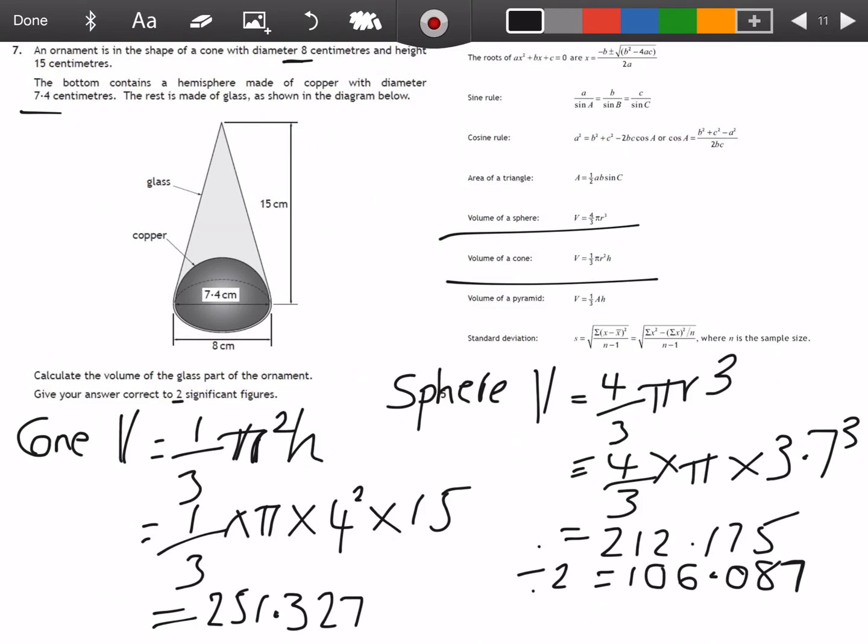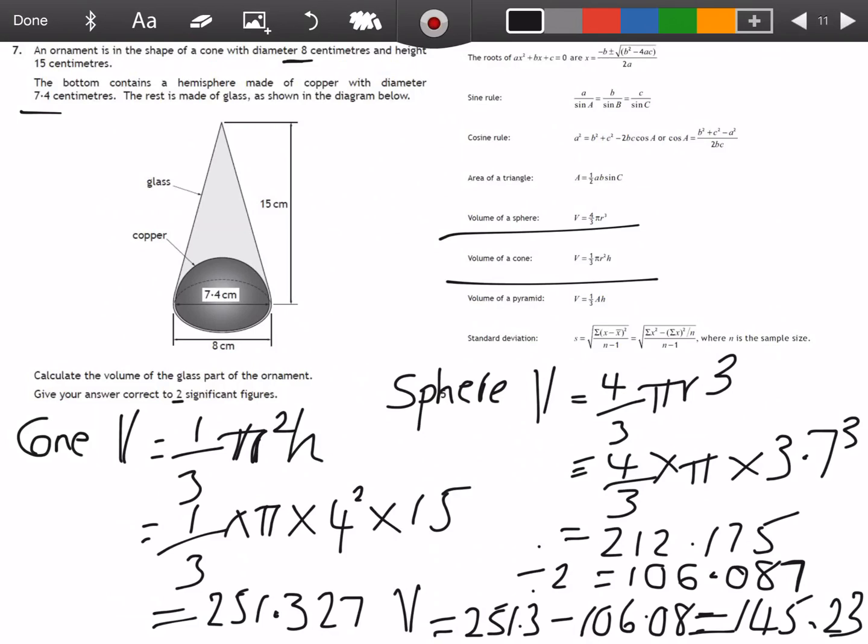It's a subtraction we need to do here. So the subtraction is 251.3, take away the 106.08 number. Do the subtraction, and I get about 145.